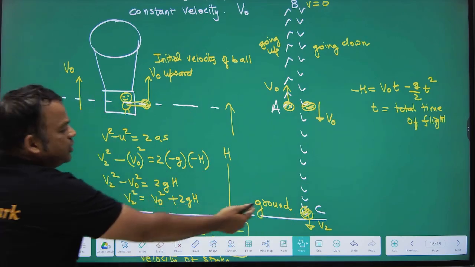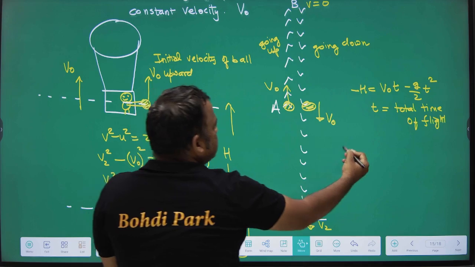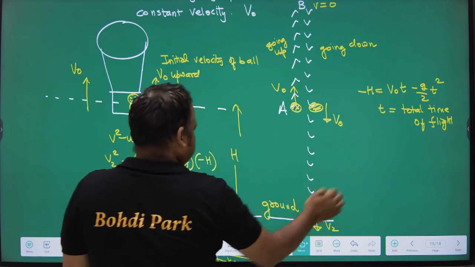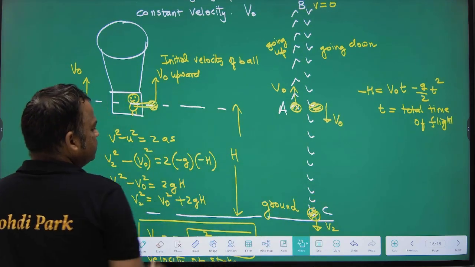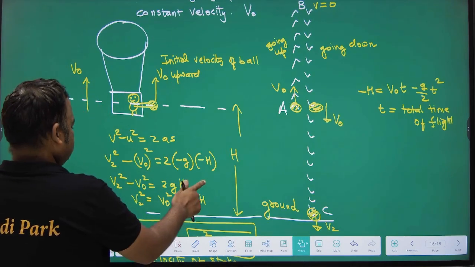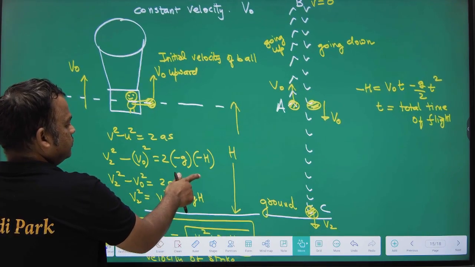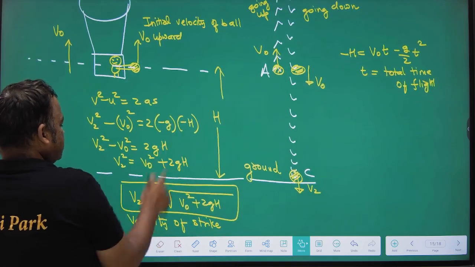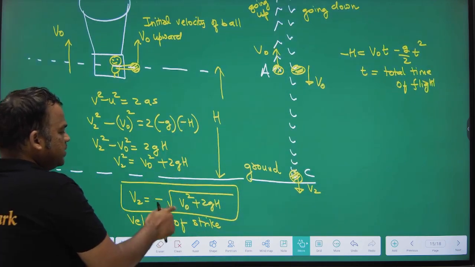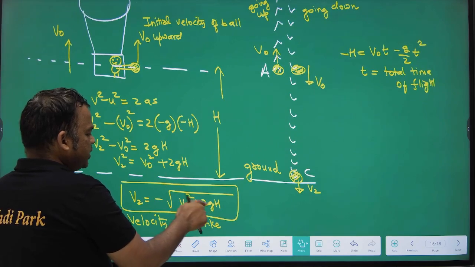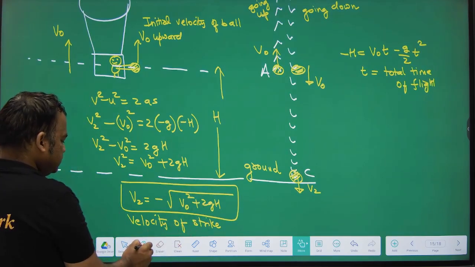And V2 we got as V2 is equal to minus square root of V naught square plus 2GH.